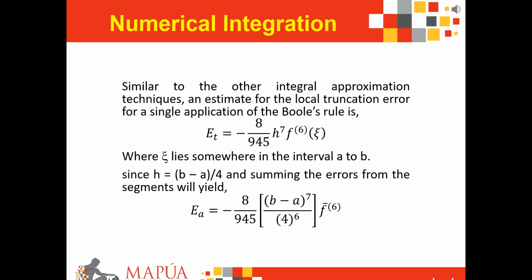Which should eventually yield something like this. So giving you this time an average 6 derivative integral, no? So you need to have that average 6 derivative integral in order to establish this error.